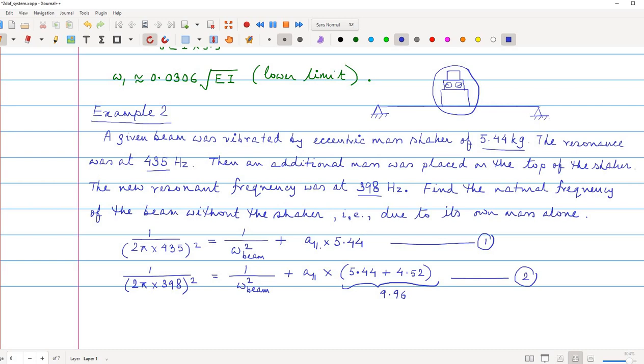So you are using this formula A11 M1, but you do not know the value of A11. They have not given you the value of A11. So what do you do?